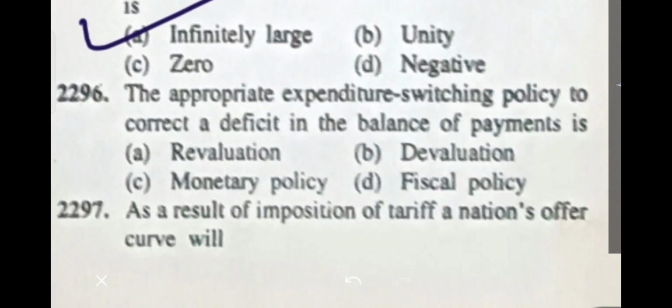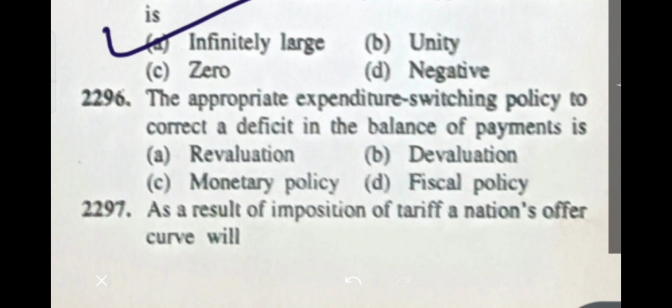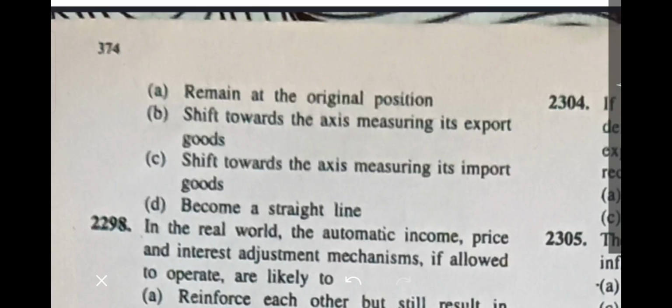The appropriate expenditure switching policy to correct a deficit in the balance of payment is devaluation. As a result of imposition of tariff, a nation's offer curve will shift toward the axis measuring its import good.